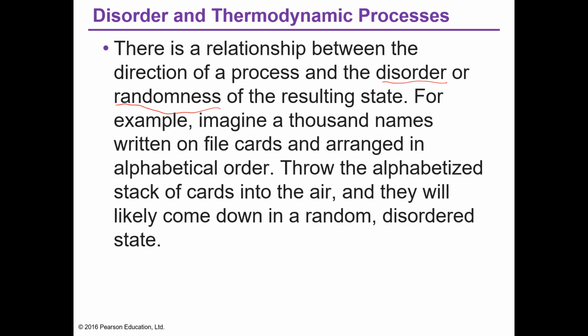For example, imagine 1,000 names written on file cards and arranged in alphabetical order, and then you throw the alphabetized stack of cards into the air, and they will likely come down in a random, disordered state. So when you throw cards, for example, and they reach the floor, they scatter, and your cards are in a disordered state. So that's disorder in a thermodynamic process.